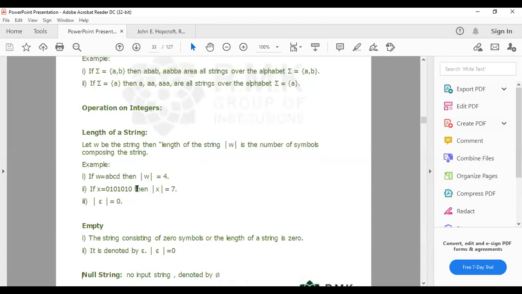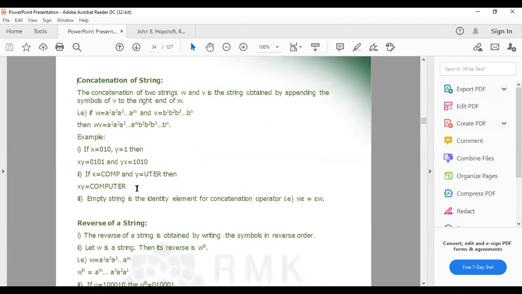We can say that is the null string. Concatenation: X equal to 0 1 0, Y equal to 1, and then we concatenate to get 0 1 0 1. And reverse. These are the basic operations in automata.